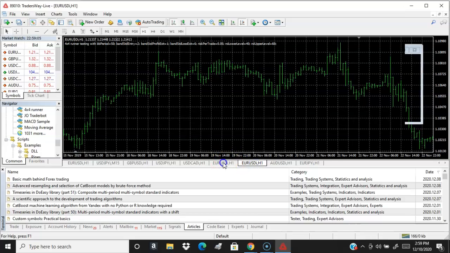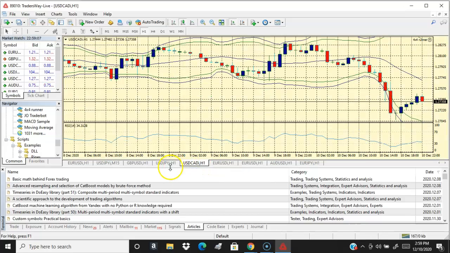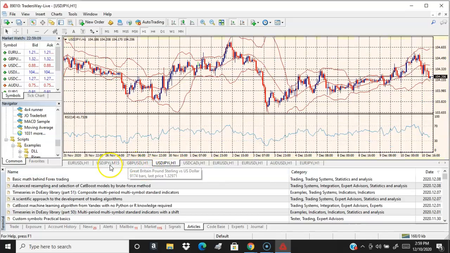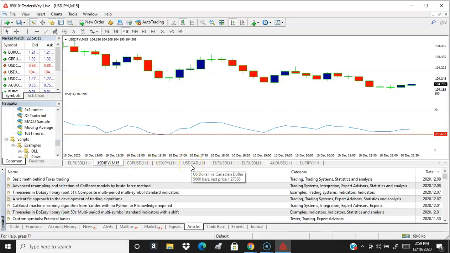We go back to our original chart here. Let me see. Oh, there you go. So you can actually see a little bit of these here. Let's see what would be a.